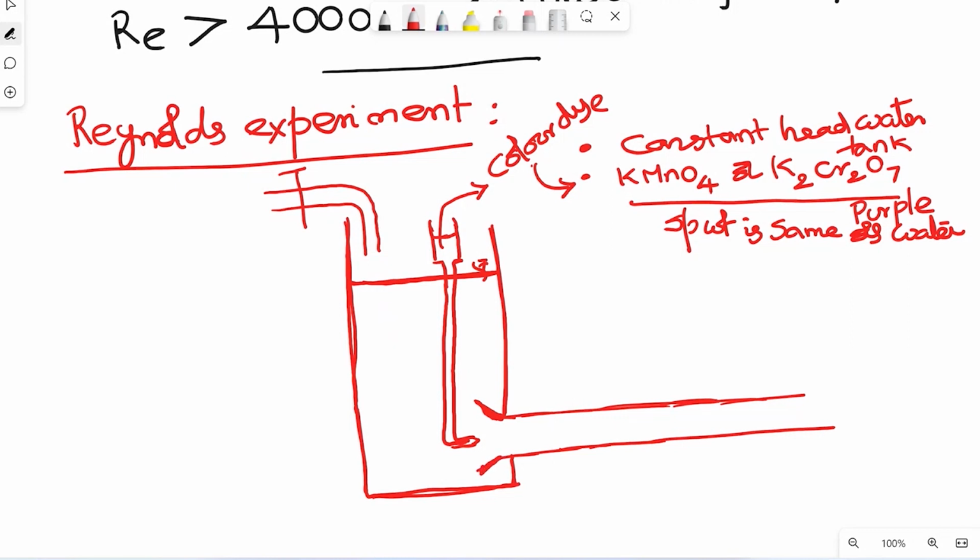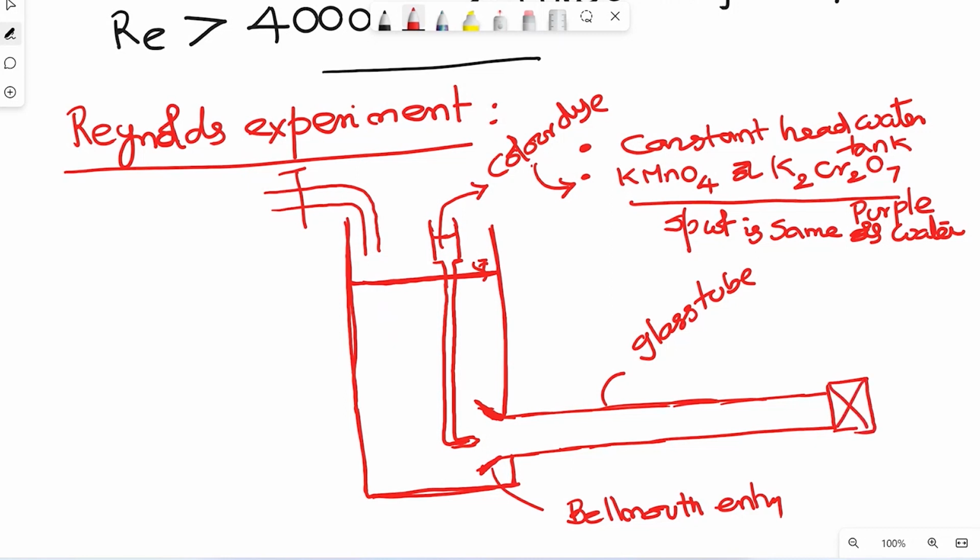So remember, this is a bell mouth entry, and this is the glass tube. Now here we have a regulating valve, and this is a general pipe. So this is the setup.